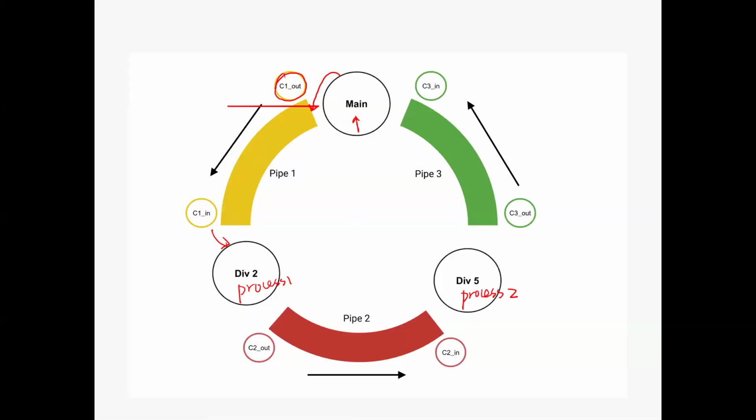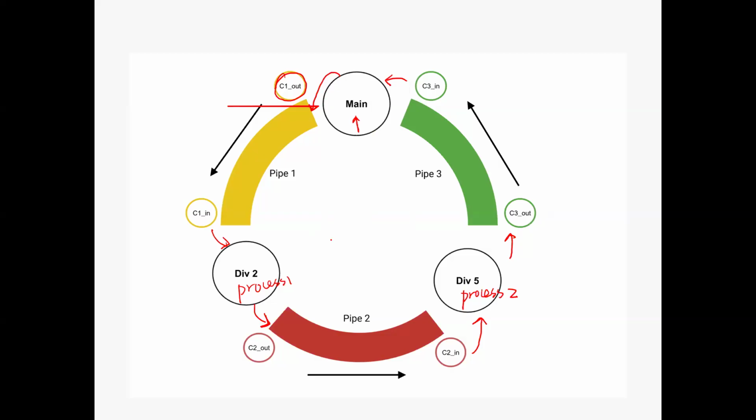The same idea applies for pipe 2: the result of process 1 is output to pipe 2, and the input of pipe 2 inputs data to the next process, process 2. Process 2 sends data to the output of pipe 3, and the input of pipe 3 finally sends the message back to the main process.